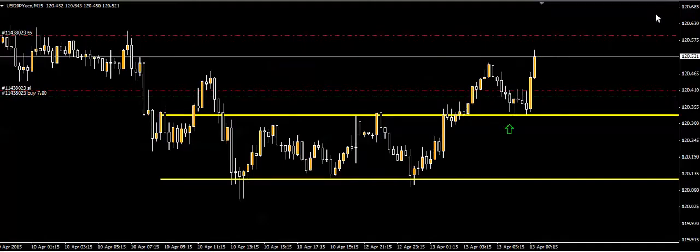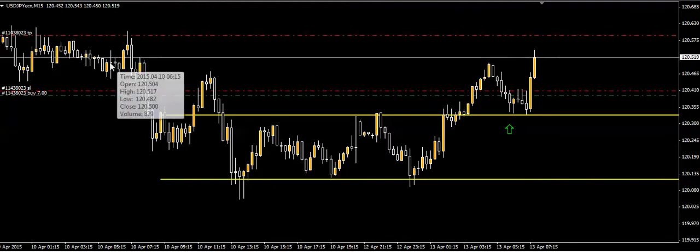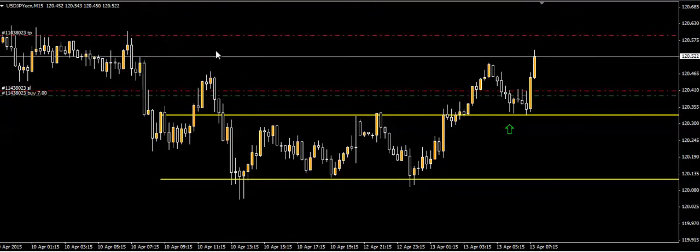All right, let's expand this a bit and see what's happening with price. As we see, there's nothing holding the market here that should interfere with our take profit level. So just waiting on the market to do what it has to do.